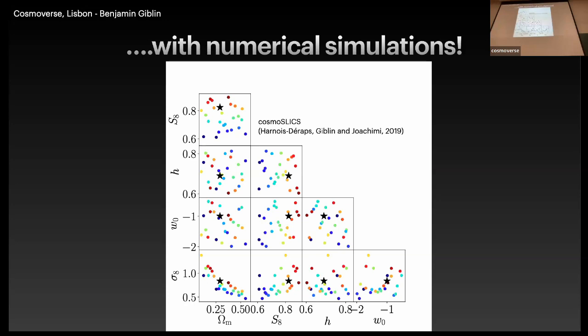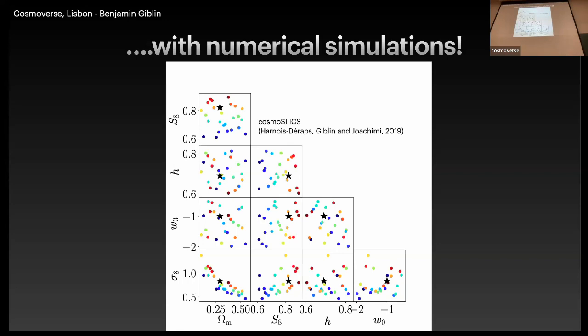So what we do in this analysis is we measure lensing PDFs from all of these simulations, and then we train a Gaussian process emulator to learn the dependence of those statistics on these input parameters. So essentially it's a machine learning algorithm.